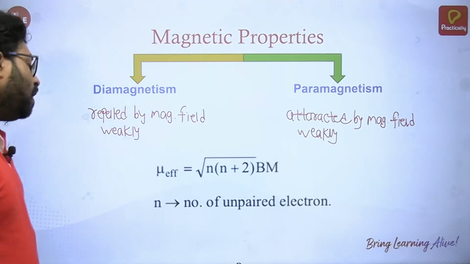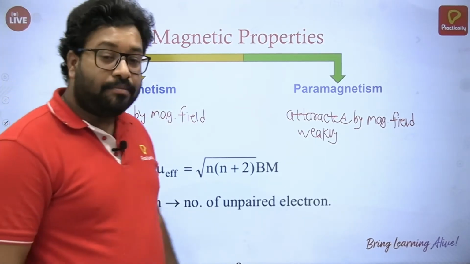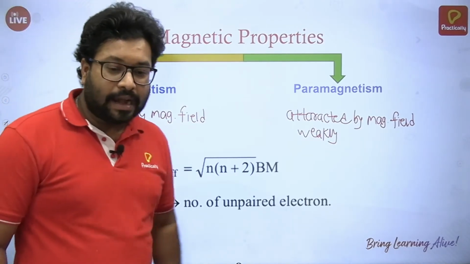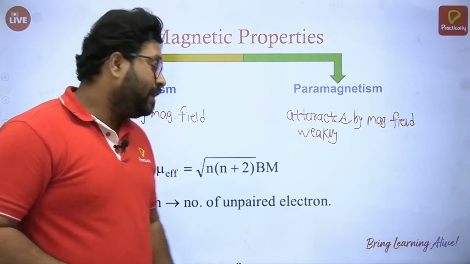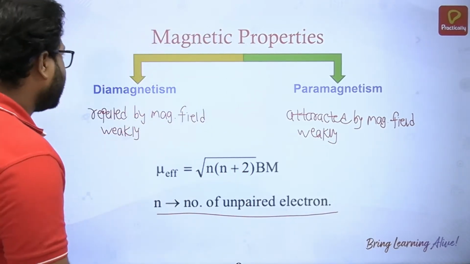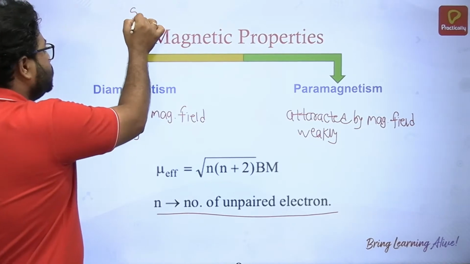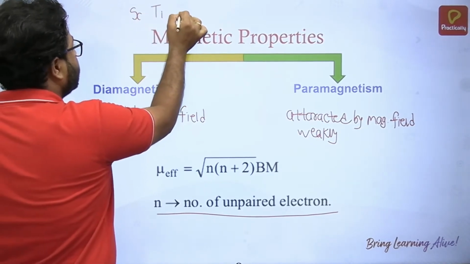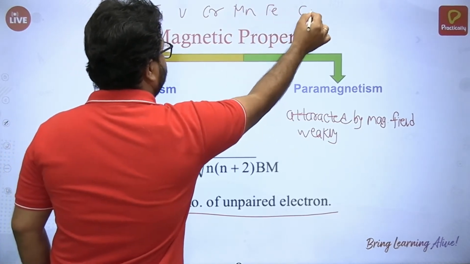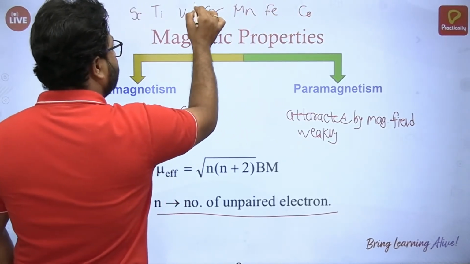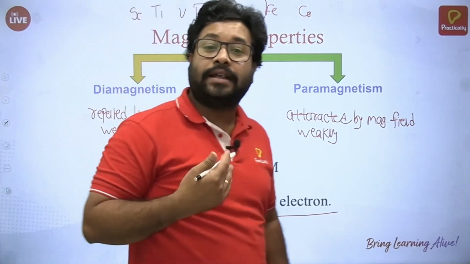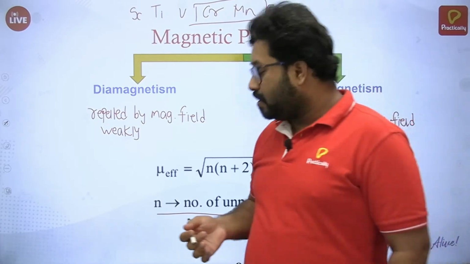So how do we find out the magnetic moment? See, this μ effective is equal to √(n(n+2)) BM. What is n? n is the number of unpaired electrons. If you write out all the elements, for example scandium, titanium, vanadium, chromium, manganese, iron, cobalt, you can clearly see chromium and manganese are the elements having the highest magnetic moment. Because it is very simple.